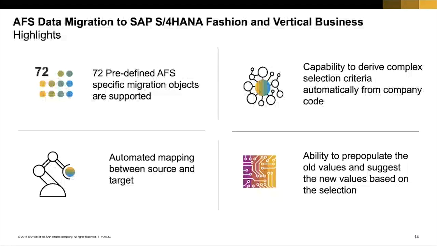But now you can immediately jump in and tell me there is certain data which is not directly relevant to a company code. Yeah, there is a lot of content in the AFS system which cannot be directly reduced based on company code. But here, Migration Cockpit has the intelligence to derive the other organizational data based on the company code.